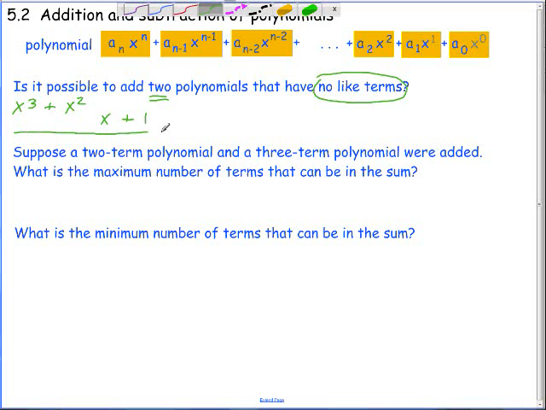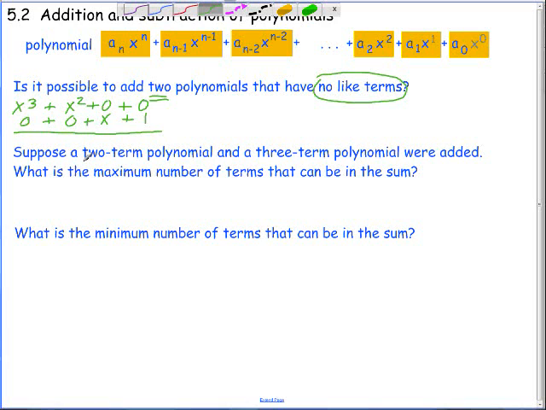Yes, I can add those. I just have to think about it. I don't have to write this, by the way. I'm just doing it for conceptual purposes. I just have to add in where the zeros are, and then those will add up perfectly.